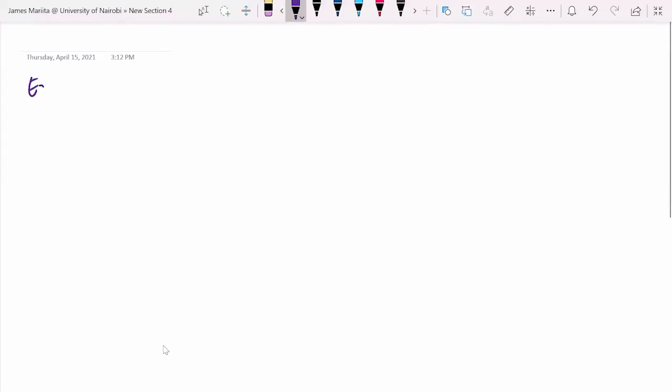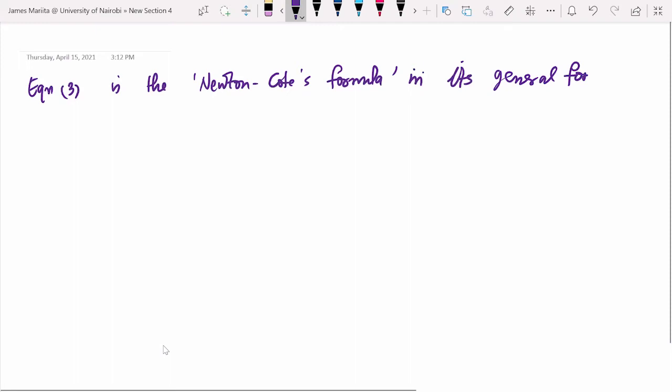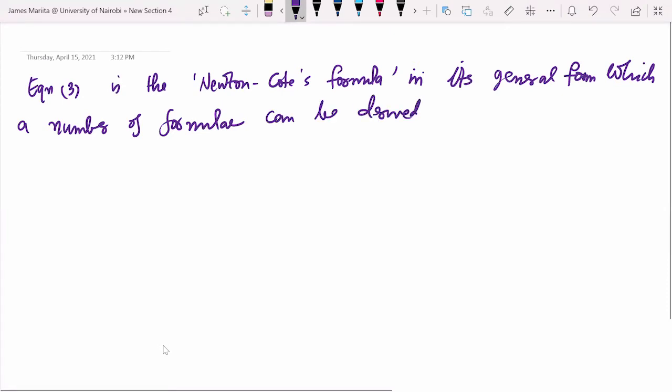Equation 3 is the Newton-Cotes formula in its general form, in which a number of formulae can be derived for n is equals to 1, 2, 3, and so on.